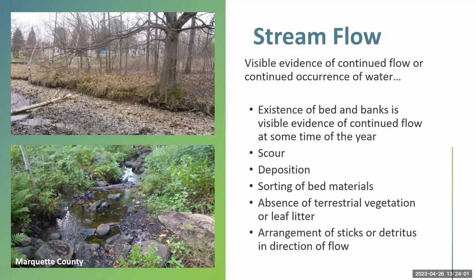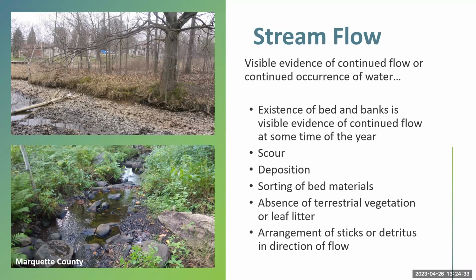And then stream flow: a visible evidence of continued flow or a continued occurrence of water. If you have bed and banks that are developing, typically these are evidence of stream flow, because that's often what it takes to develop the bed and banks of a stream: to have some flow for a long enough time of the year that it starts to develop those other characteristics.